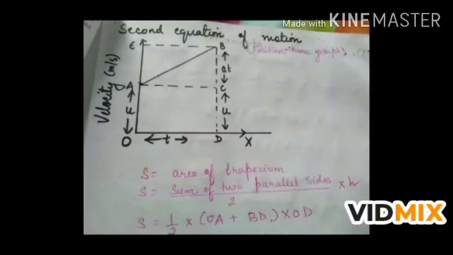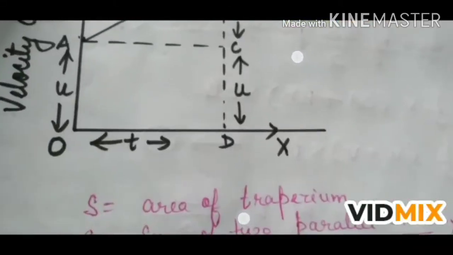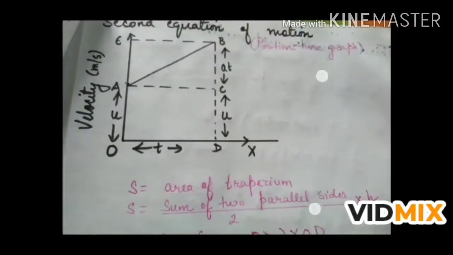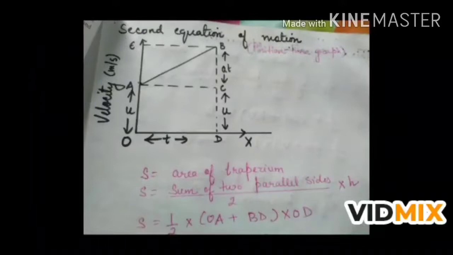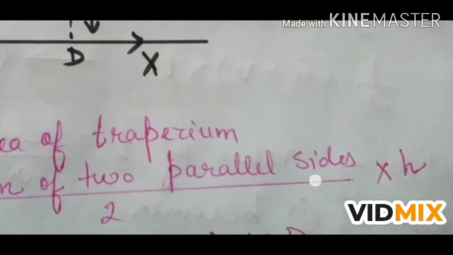Because the formula says sum, and sum means addition of the two parallel sides. Then OD is the height here. OA and BD cannot be height. So OD will be the height. Now move on further.